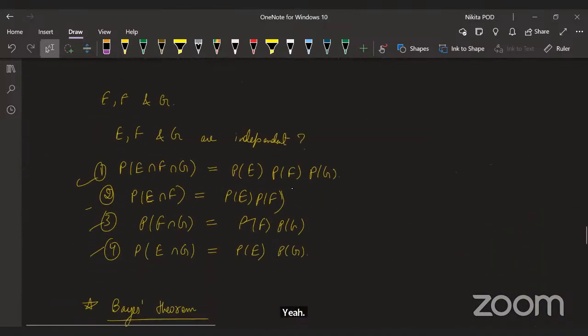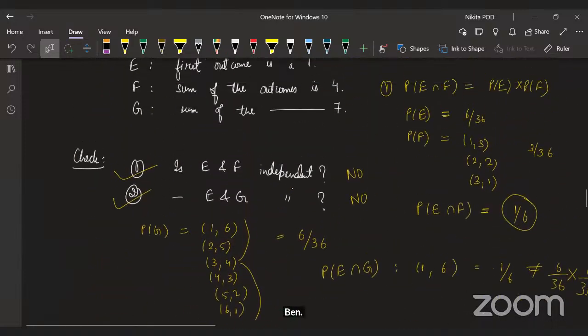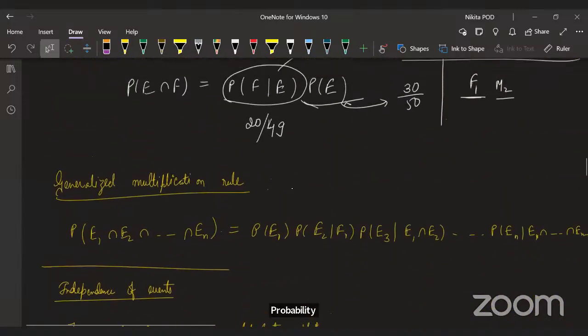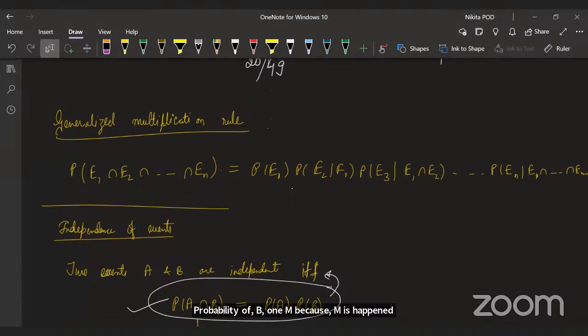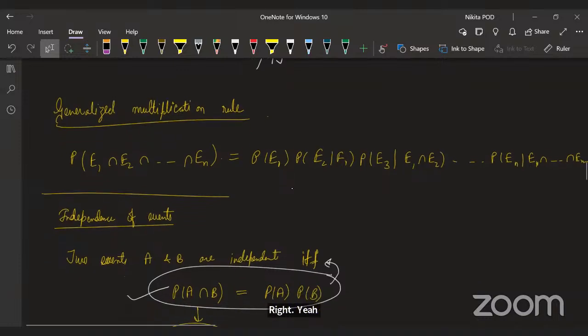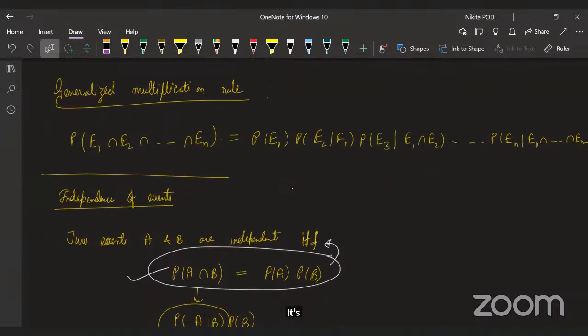Ma'am, the probability of P given M, because M has happened. Yes, right, here. So the probability of E1 intersection E2 up to En is the probability of E1 times the probability of E2 given E1, and so on. Another question is, if in this case it is a dependent case, we use Bayes theorem.